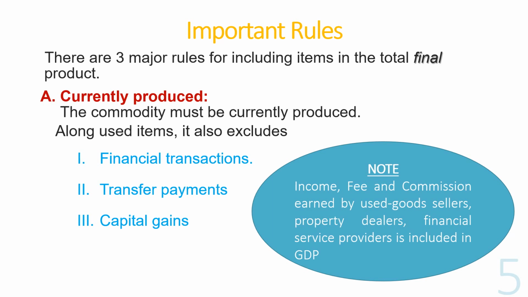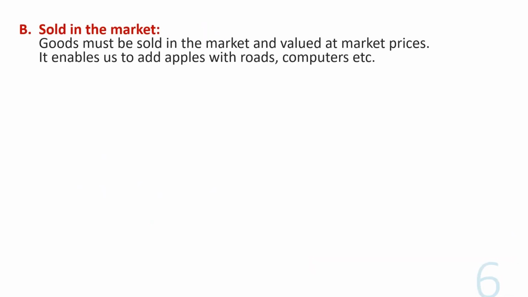The second rule is that we only include goods that are sold in the market at market prices. This enables us to add different kinds of goods such as apples with roads and computers, etc., because we convert the value of these goods in monetary terms and thus add them.